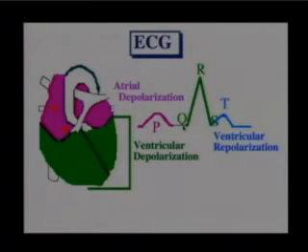Then, as the impulse goes down through the AV node, down the bundle of His, the bundle branches and the Purkinje fibers and the ventricles beat, that's the QRS complex. So the QRS is ventricular depolarization as that impulse is going across the ventricles. And then the T wave is when the ventricles are getting ready to do it all over again. Ventricular repolarization. So that's in essence what the ECG is all about.